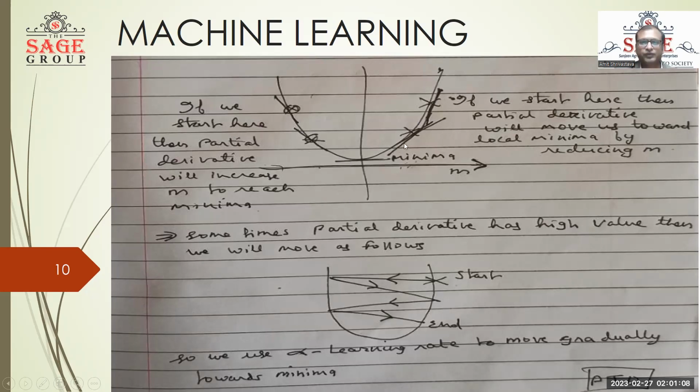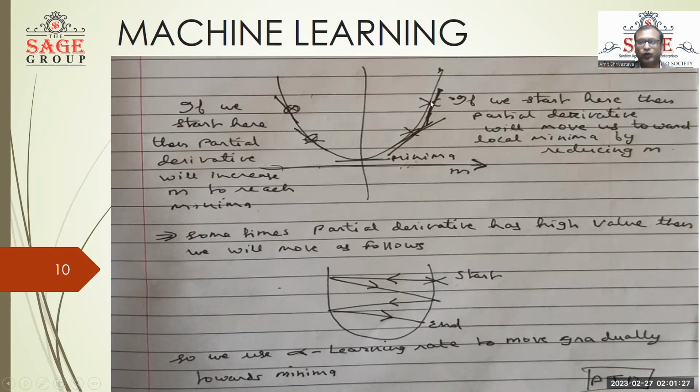So suppose on the x-axis I have plotted m, and let us suppose I am at present on this portion, where my arrow is showing. And this is my local minima, or my minimum point of error.